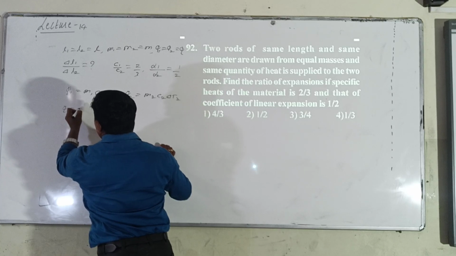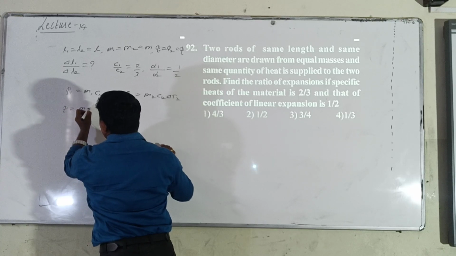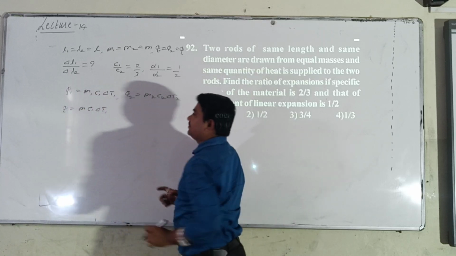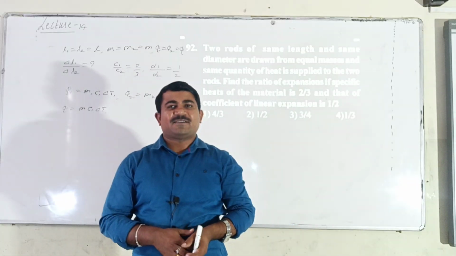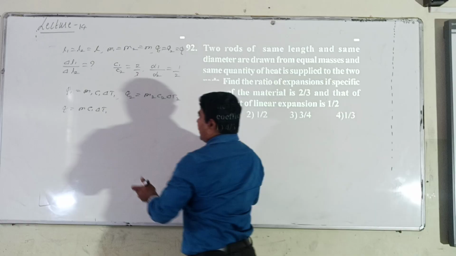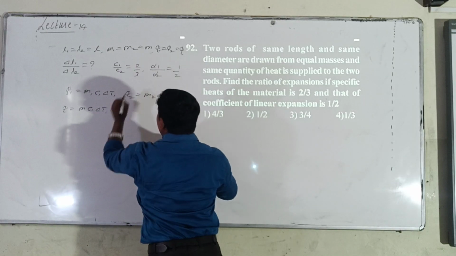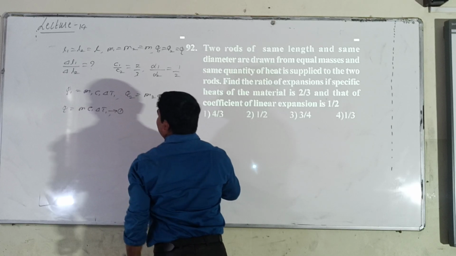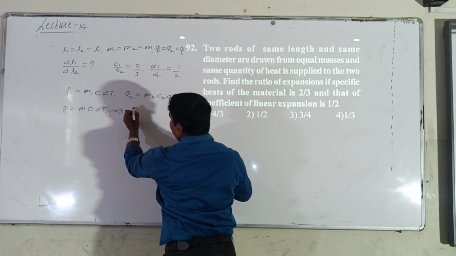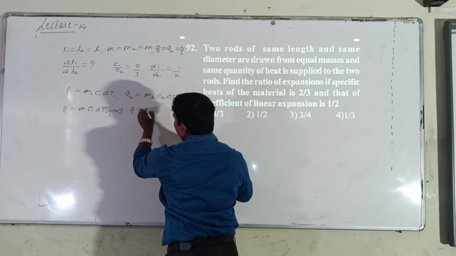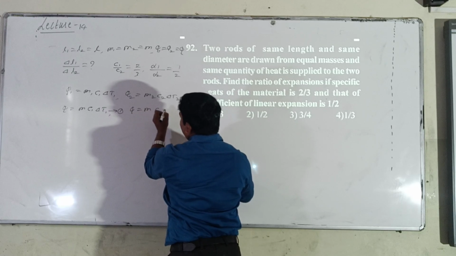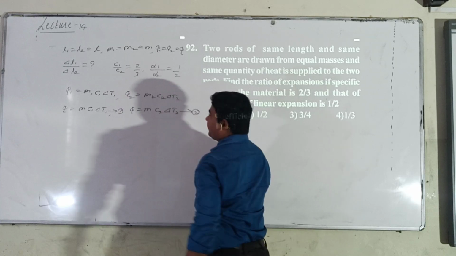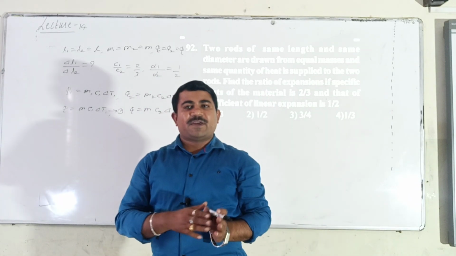Q1 replaced by Q, M1 replaced by M, C1 stays C1, delta T1 stays the same. Call this equation number 1. Again for this, Q2 is equal to Q, M2 replaced by M, C2 stays the same, delta T2. Equation number 2. Very simple.